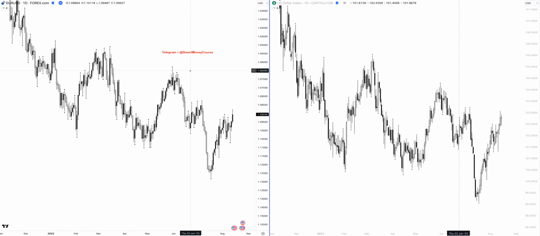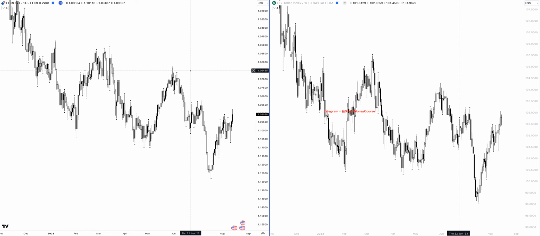So if we're seeing a bullish DXY, that likely means that EU and GU are going to be going down. On the other hand, if we're looking at pairs like USD CHF, USD JPY or USD CAD, and we've got a bullish DXY, then those pairs are going to be bullish. So again, this is going to help you have that alignment.